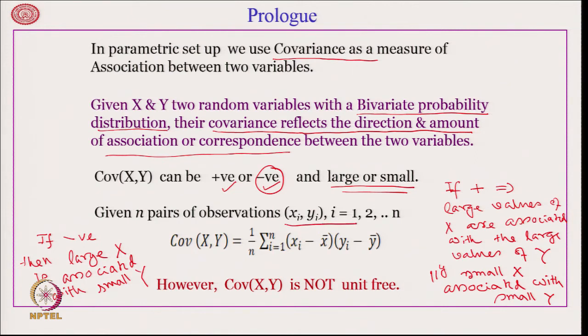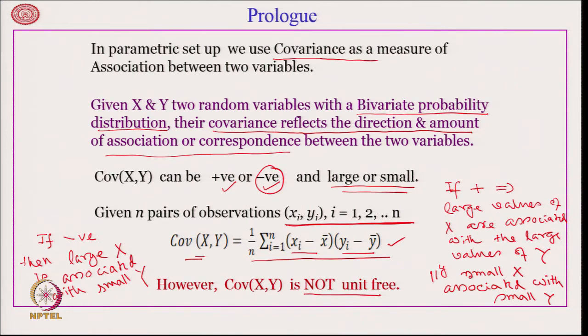x1 y1, x2 y2, ..., xn yn are n pairs of observations, the covariance of x y is calculated using the following formula. It is 1 by n summation of i equals 1 to n, x i minus x bar into y i minus y bar. Therefore, depending upon these magnitudes, the overall value of the covariance will be determined, and note that it is not unit free.